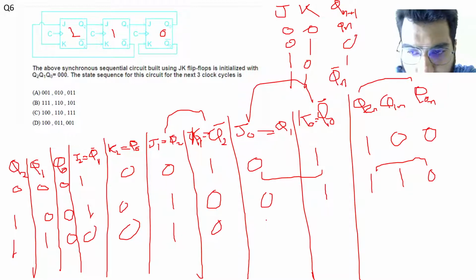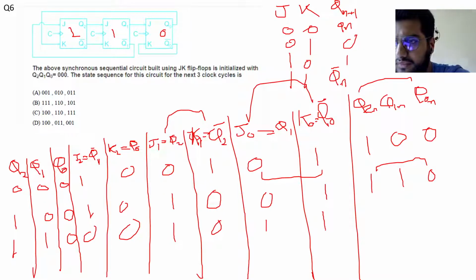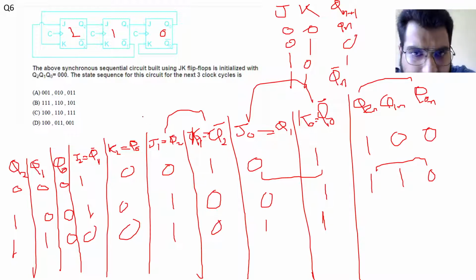J0 is Q1, which is 1, and K0 is Q0 complement, which will be 1 again. So let me just check it. 1 1 0.